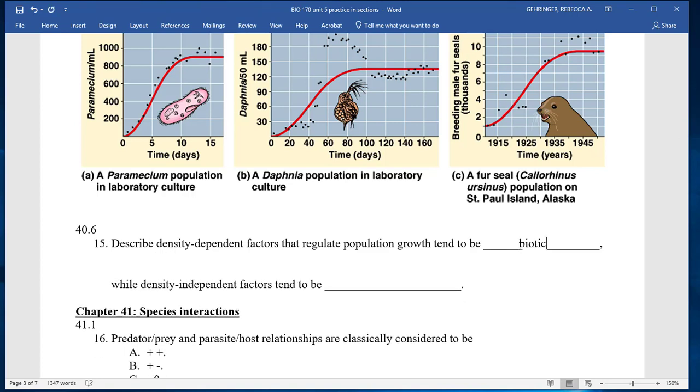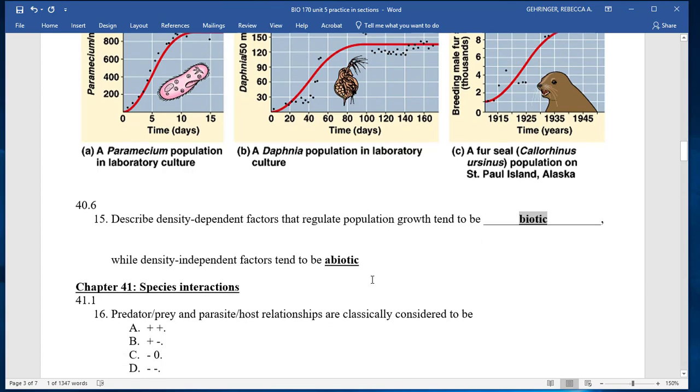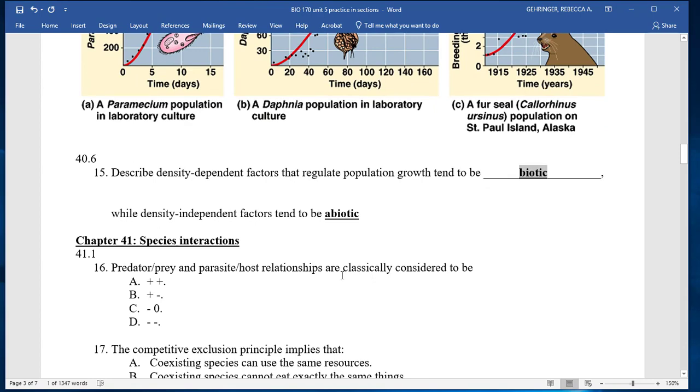Living factors, and then density-independent factors tend to be abiotic or non-living. So a biotic factor would be like predation or pathogens, right? An abiotic factor would be like a flood or a hurricane or a fire, something like that. Drought.